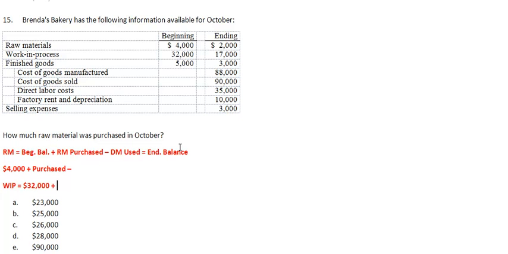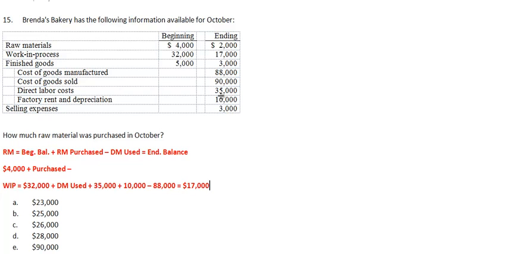What goes into work in process is the direct materials that are used plus labor, which is $35,000, plus overhead, which in this problem would be your factory rent and depreciation. What you subtract out of here is cost of goods manufactured, which it tells you was $88,000, and your ending balance is $17,000.